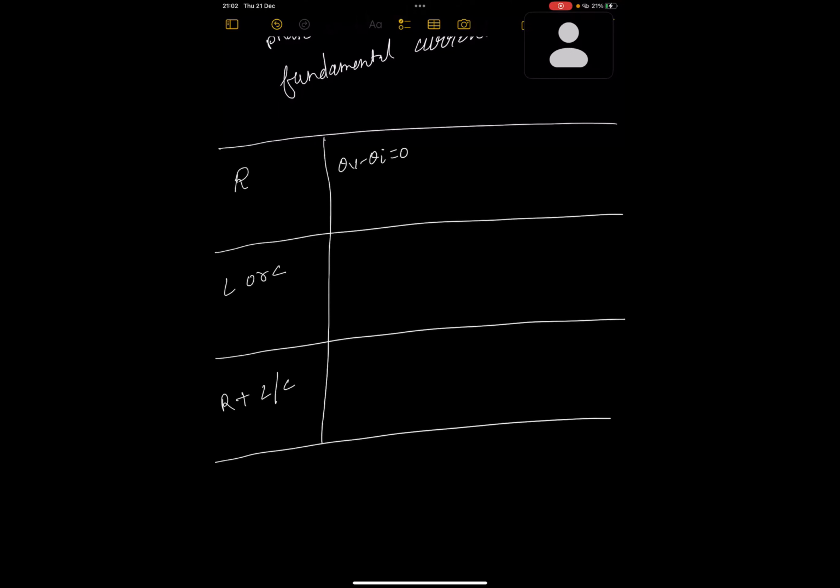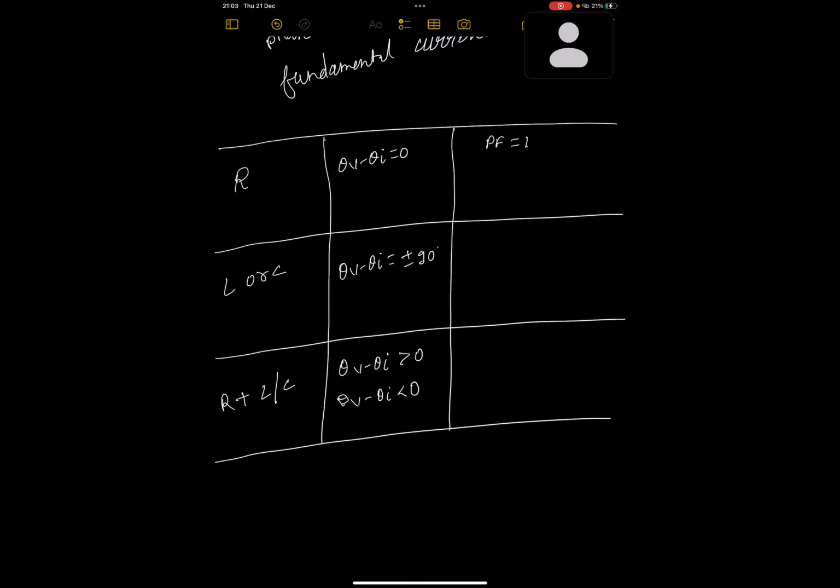For inductor or capacitor, theta V minus theta I is plus or minus 90 degrees. When R and Z are given, then theta V minus theta I is greater than 0 or maybe less than 0.